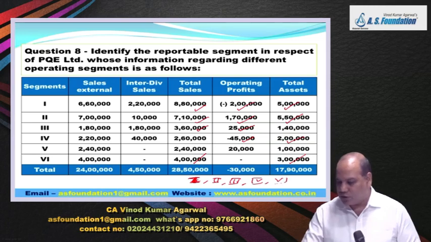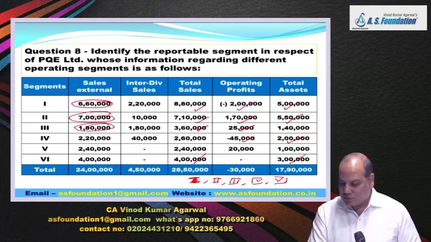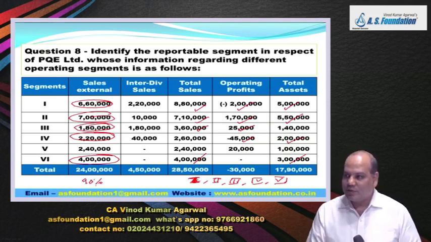Now apply one more test. Go to external sale. Add these numbers. Divide by 24 lakh. 90. All tests are satisfied. So the final answer will be 1, 2, 3, 4 and 6.